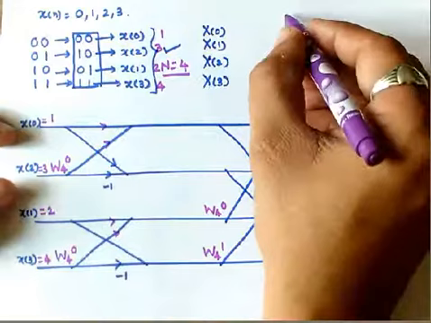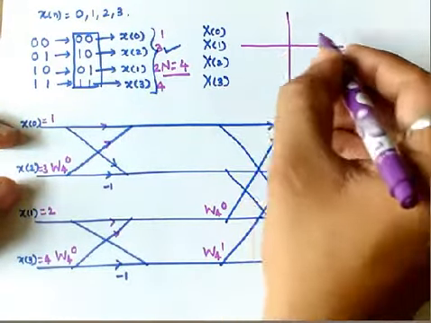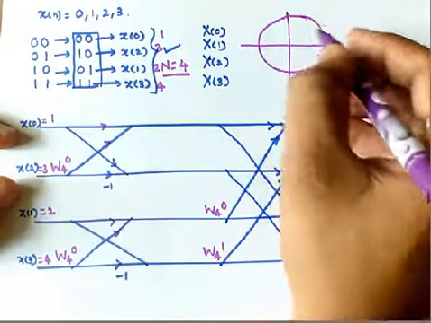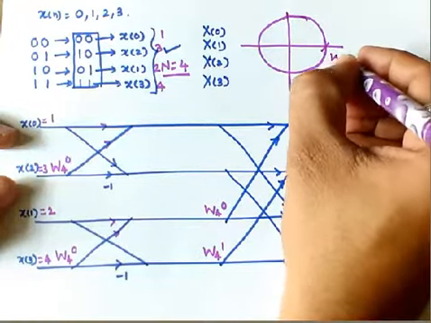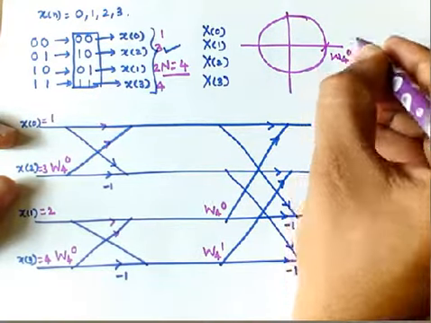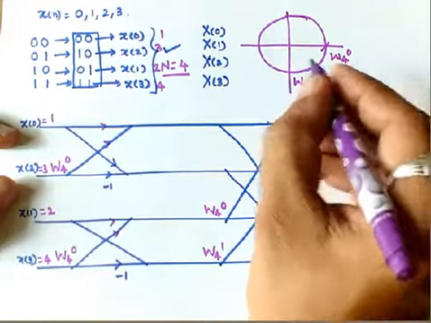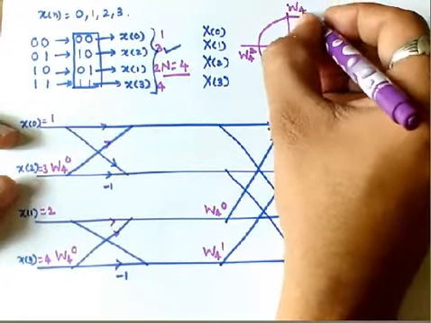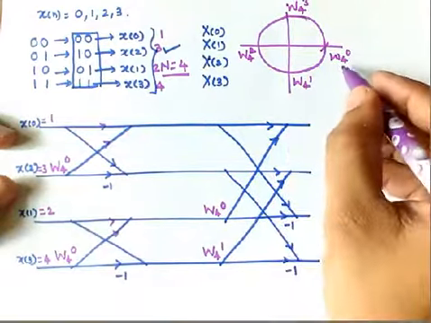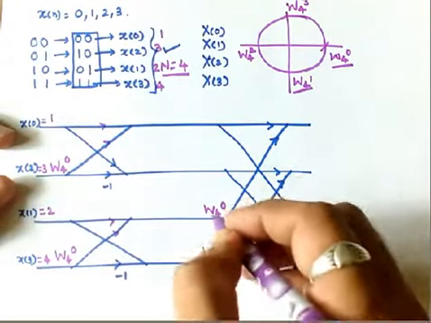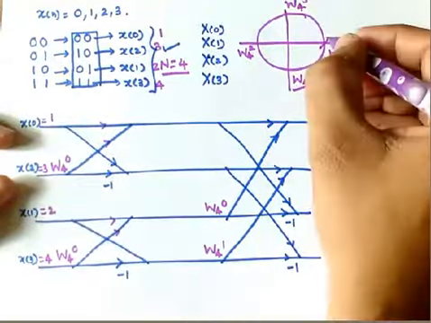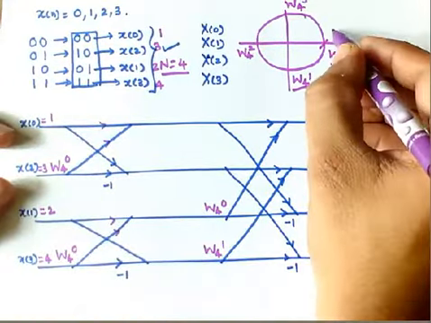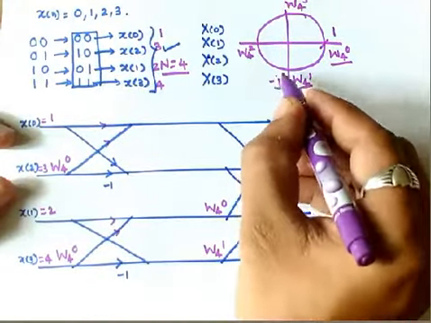For a clear idea of W4 raised to 0: since it is 4-point, this is W4 0, this is W4 1, this is W4 2, this is W4 3. Right now we are interested in only these two values for the calculation. So this value is 1 and this value is minus j.